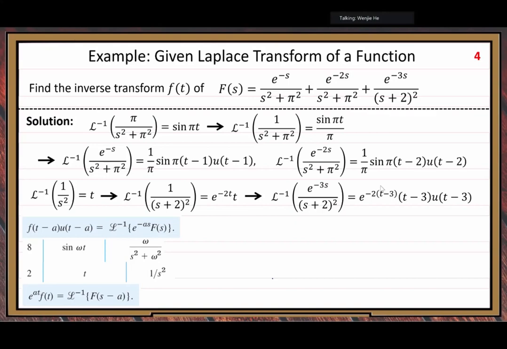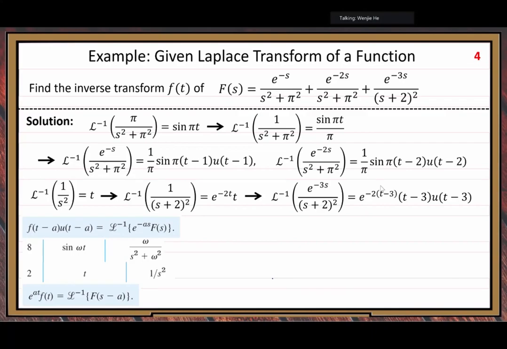So when you solve these problems, you need to be very careful. There are a lot of details: shift here, there, replace, things like that. All right.